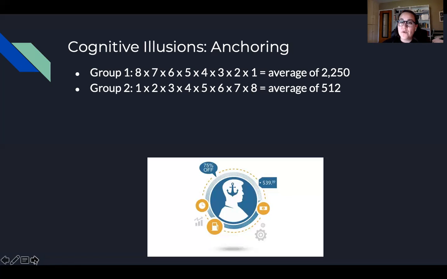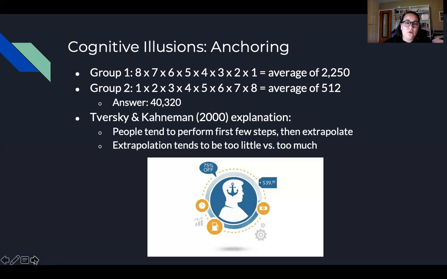But actually, both of these estimates are way too small, because the correct answer is 40,320.